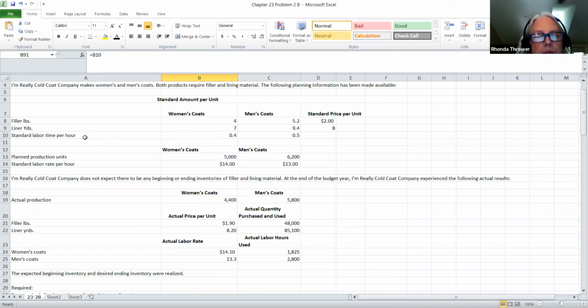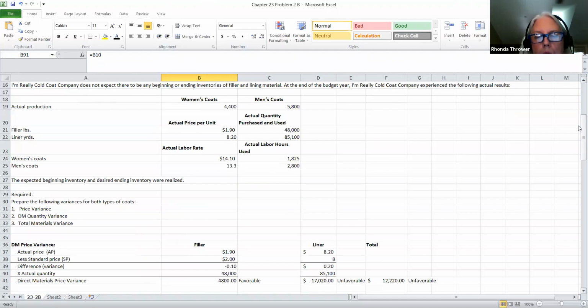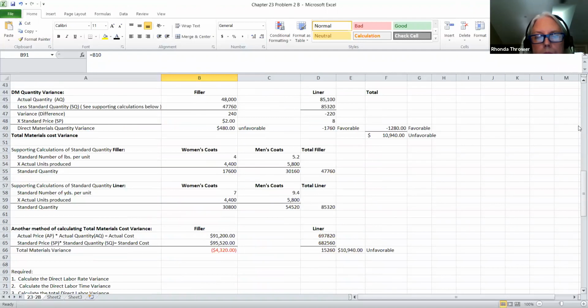is going to be found by taking the time that it takes to produce 1 unit, which for women's coats is 40 parts of an hour, and multiplying that by the actual units that were produced, which was 4,400 for our women's coats.